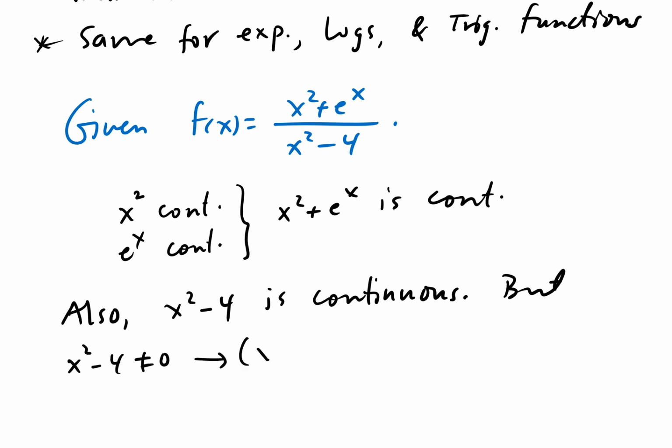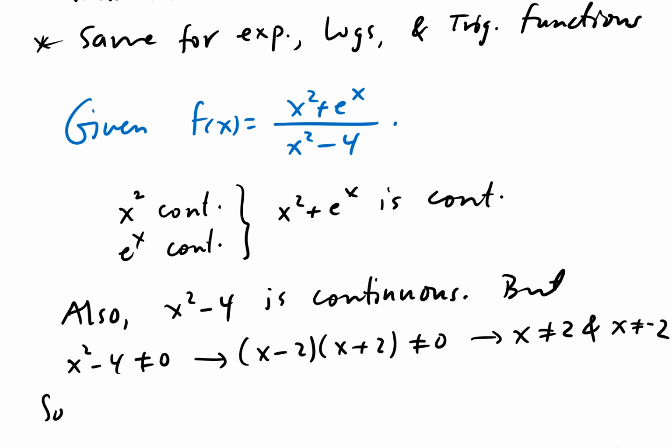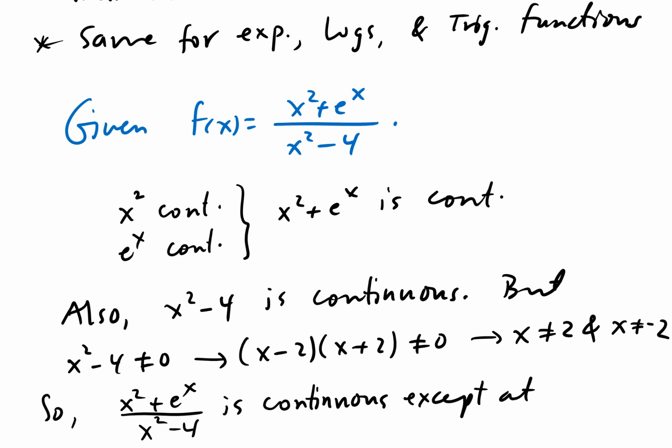This means x minus 2 times x plus 2 is not 0. So x cannot be 2 and x cannot be -2. So x squared plus e to the x over x squared minus 4 is continuous except at -2 and 2.